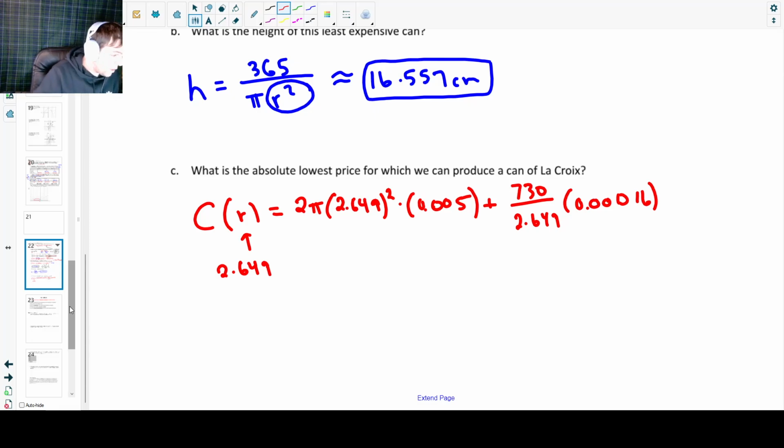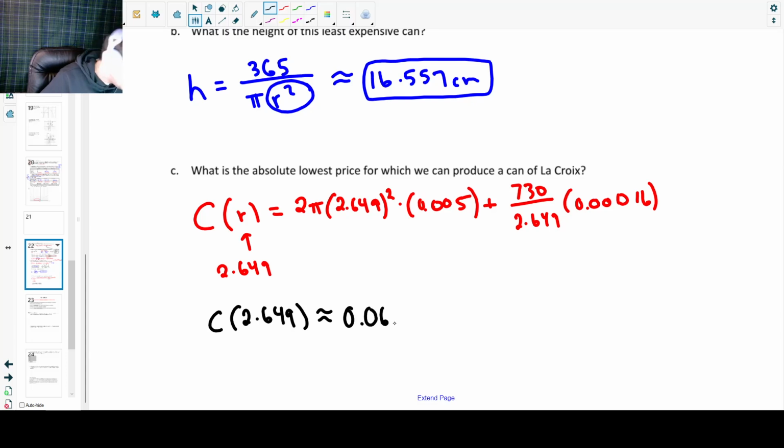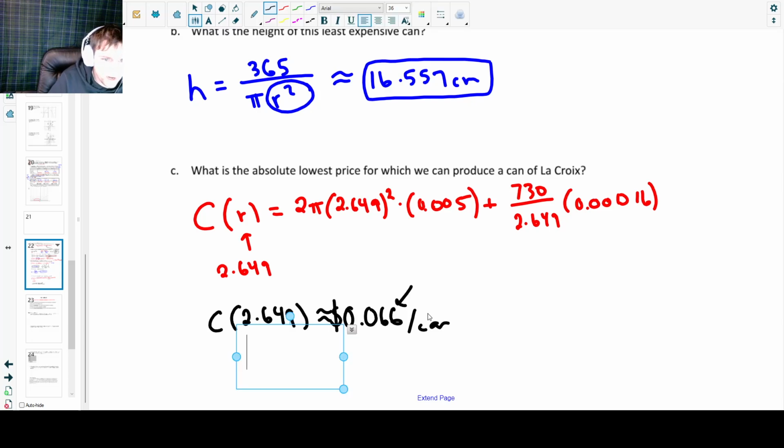Okay, so I did my calculation there on the side, and I came up with the cost of a can with a radius of 2.649 to be approximately equal to $0.066 per can. So that is less than either of the ones that we calculated before. We had one that was around 6.9, 6.8, I don't remember, and then one around 7. So that is our minimum cost per can that happens at this radius.